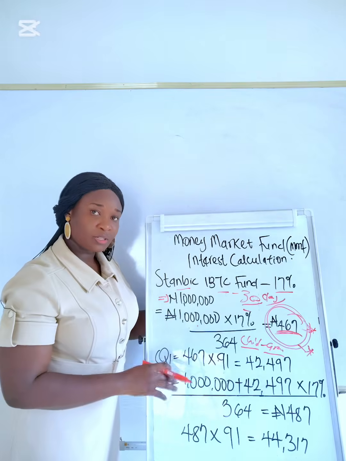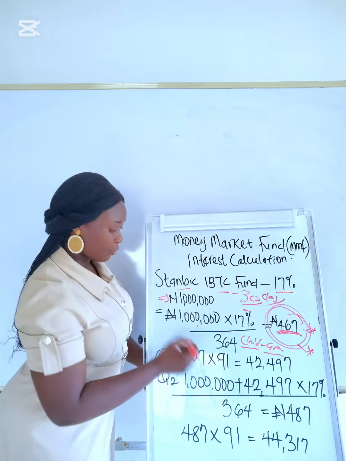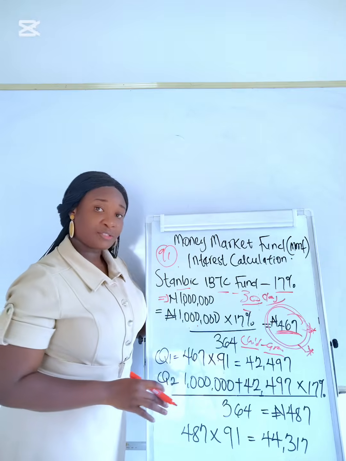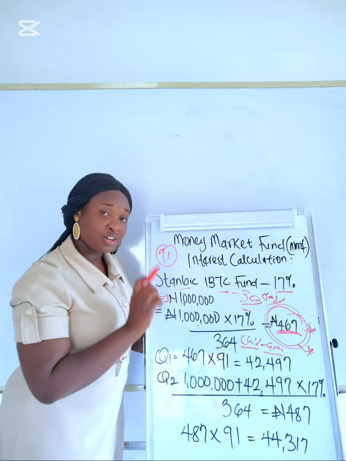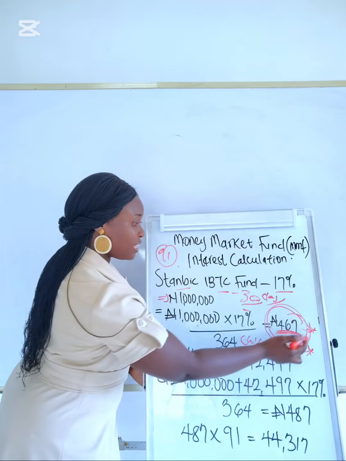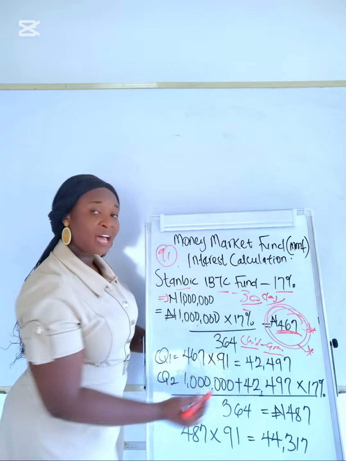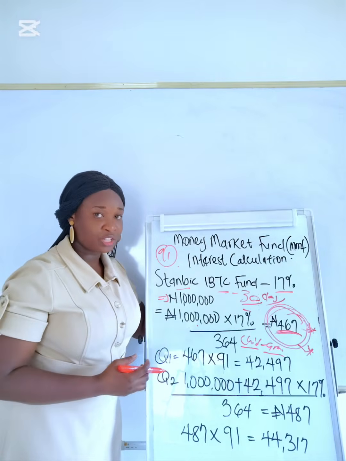But how is this done? This is only going to happen when you're able to leave your funds in that account for 91 days, that is 3 months, 1 quarter. After the first quarter, all the interest of the first quarter will be added back to your initial capital and everything will begin to yield interest for you.